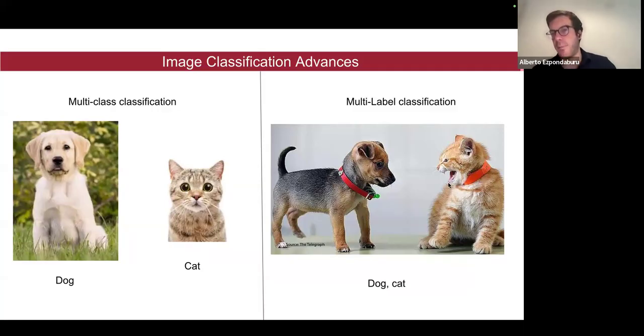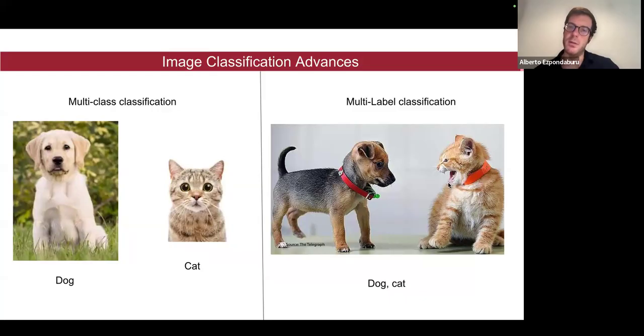But we usually are going to have multiple objects in an image. It happens the same with natural language processing. If you have a news item in the newspaper, it has a lot of classes. It can be sport, science, and you cannot use a softmax classifier, because a softmax classifier assumes that you only have one class for every item.